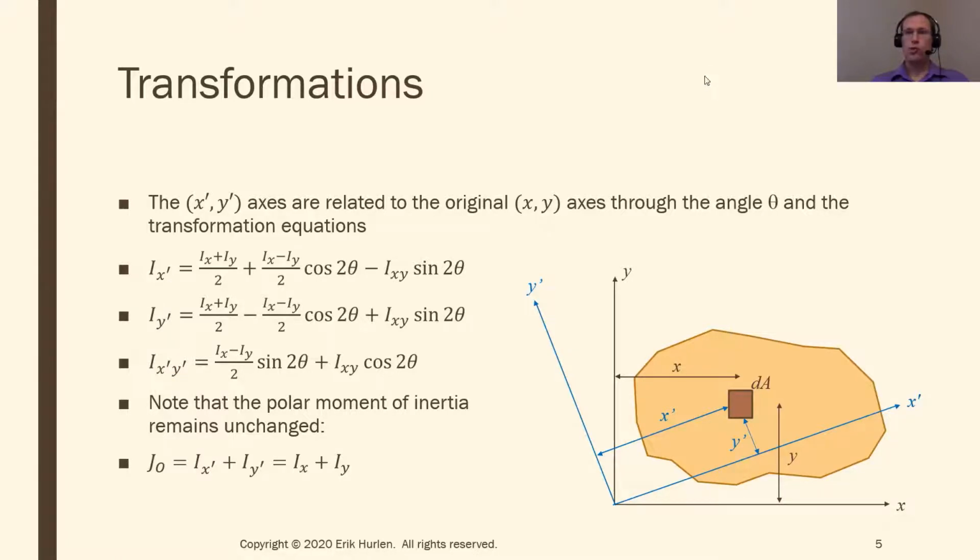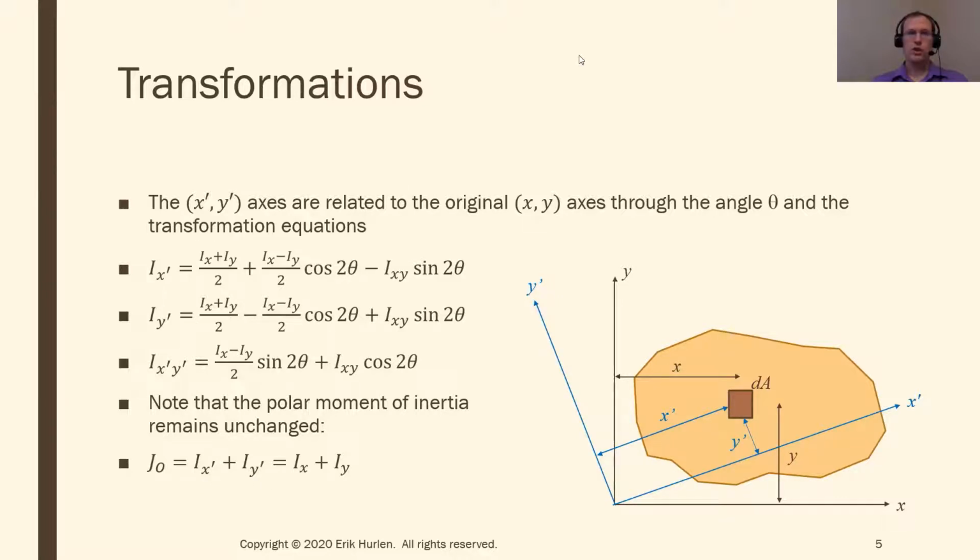If you remember, the polar moment of inertia from last class was just Ix plus Iy, which is essentially the rotation about the origin, about the z-axis. Nothing's really changed here. I just rotated my coordinate system, but I still have the same origin. So I should have the same polar moment of inertia for x prime and y prime that I did for x and y. And it turns out that I do. Same definition, polar moment of inertia, Ix prime plus Iy prime.